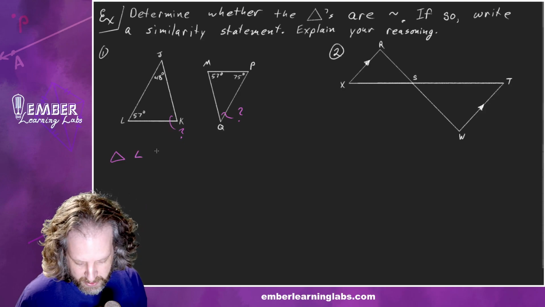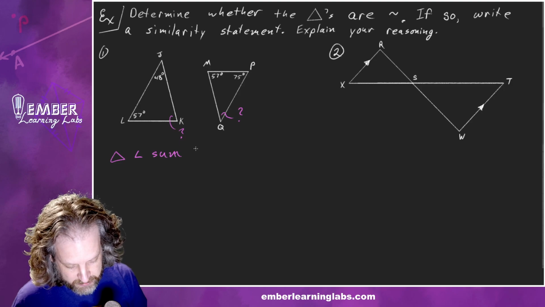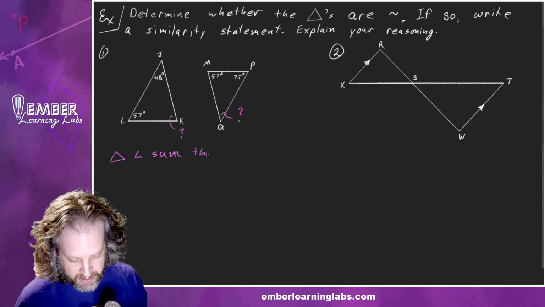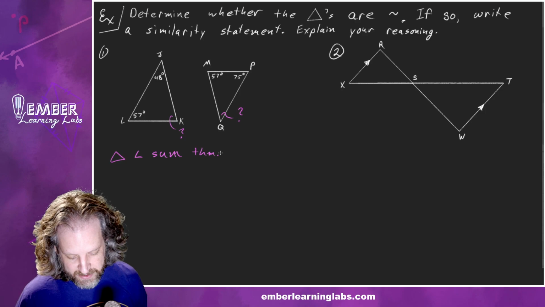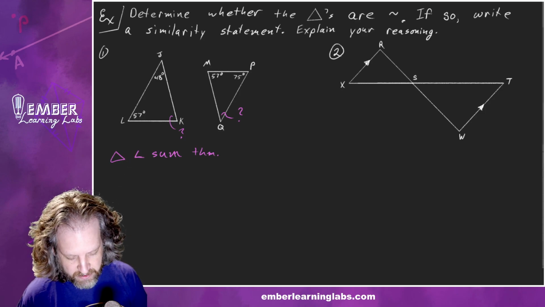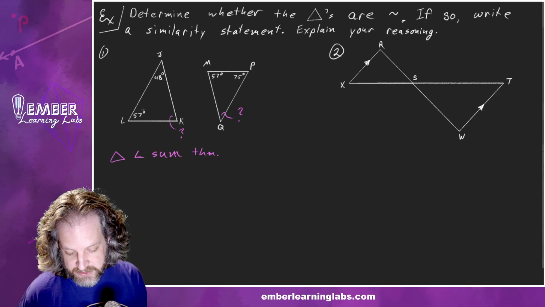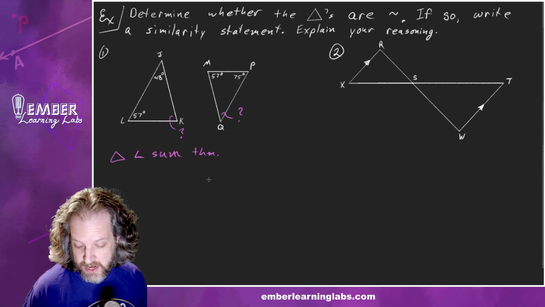That's our explain-your-reasoning. The triangle angle sum theorem tells us that all of these angles add up to 180.